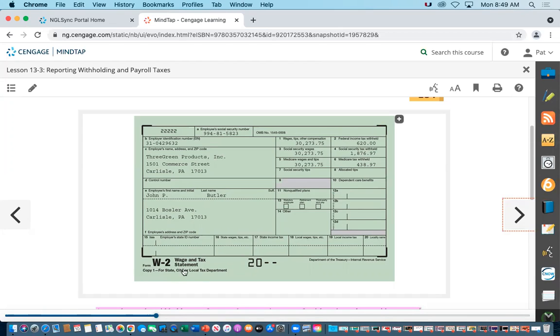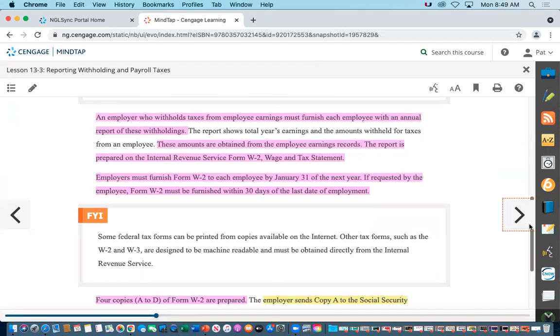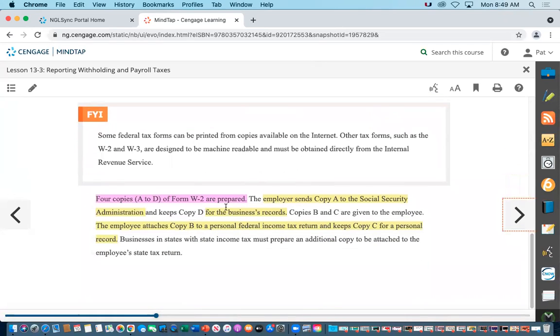All right, so the W-2 is a tax form that some of you have been familiar with. There are 4 copies prepared for the W-2. I think this is a test question study guide thing, so it's not something to memorize. Your employer gets a couple. They send one to the Social Security Administration and keep one for their records.